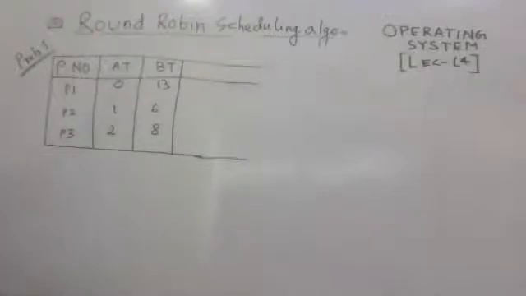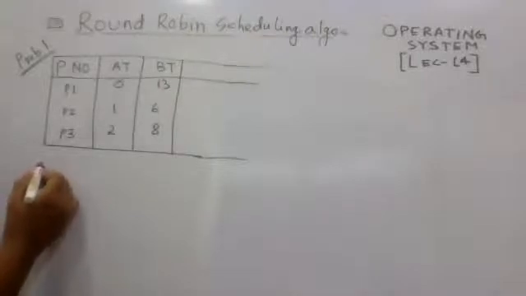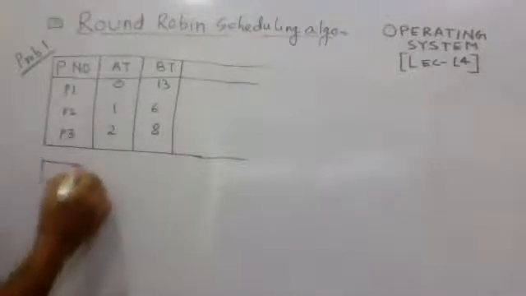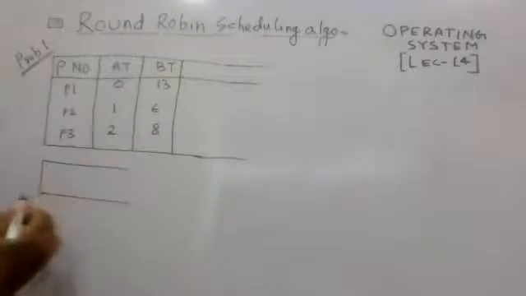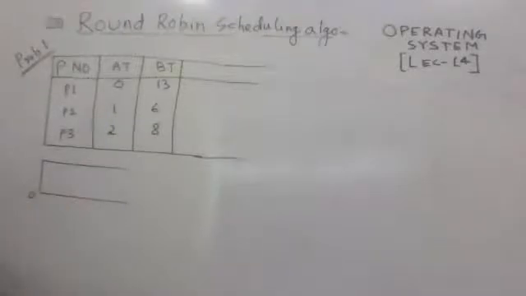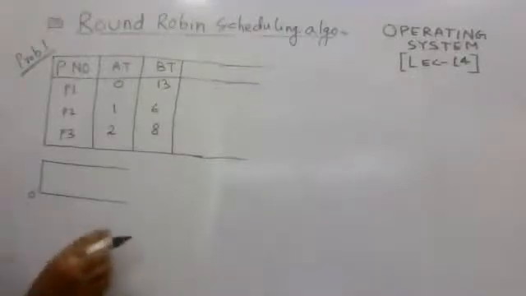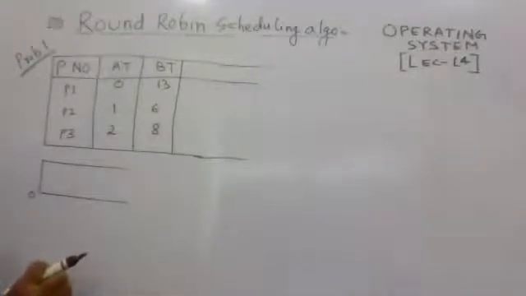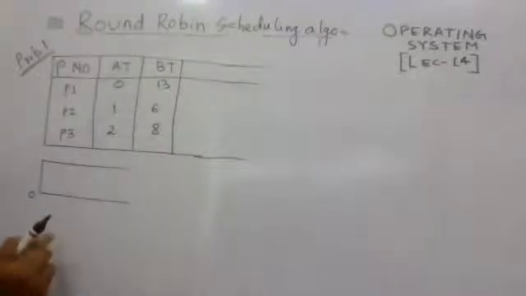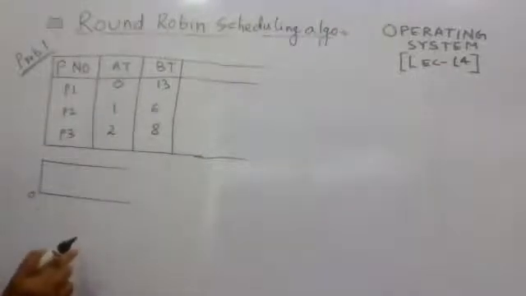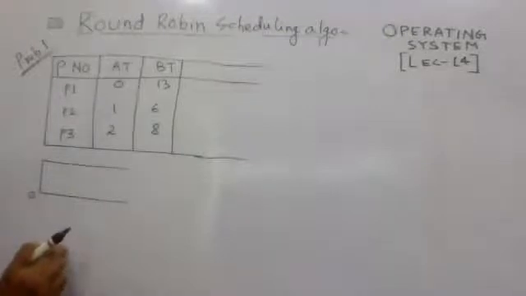So suppose this is our schedule chart starting from 0. Here we are maintaining a FIFO queue also.